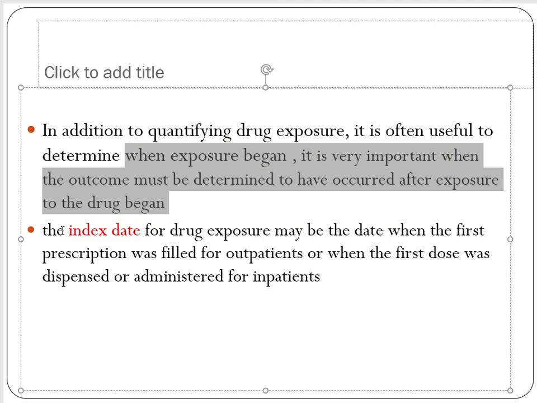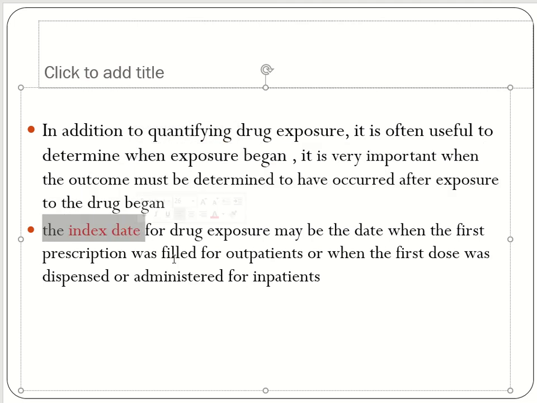However, I want to introduce a concept which we will see again and again, which is the index date. The index date for drug exposure may be the date when the first prescription was filled for outpatients, or when the first dose was dispensed or administered for inpatients. This is called the index date. An index date basically is the first time something happened.